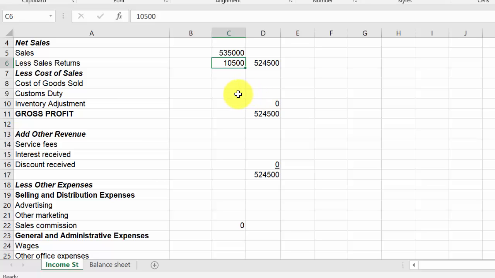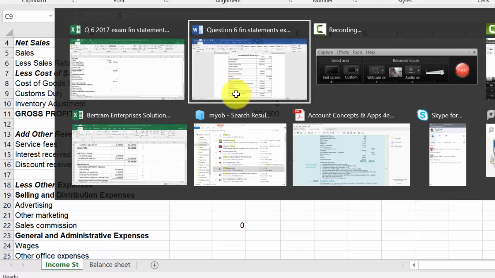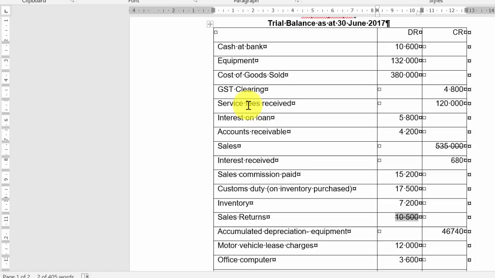Now, a lot of you may have missed this, but customs duty is an expense that is incurred in order to getting your purchases ready to be sold. Okay, so it doesn't go into your selling or anything like that.